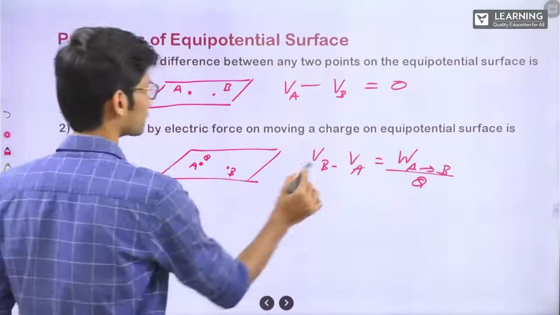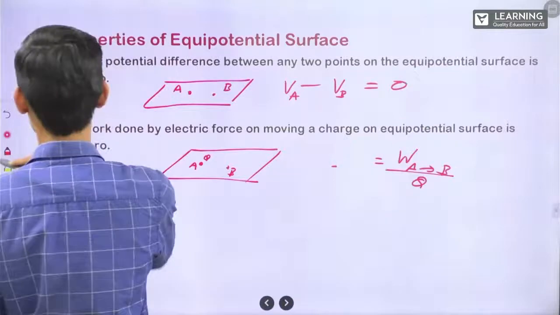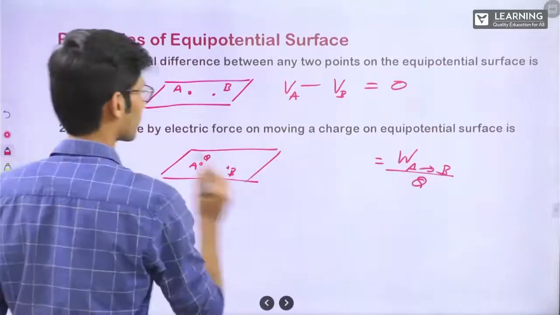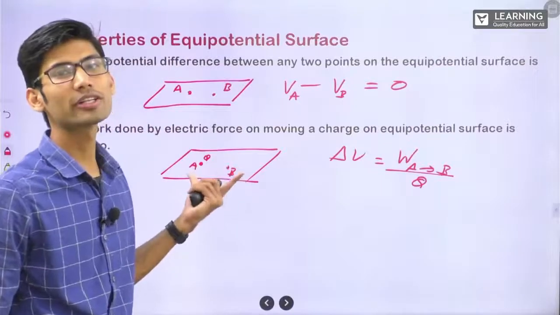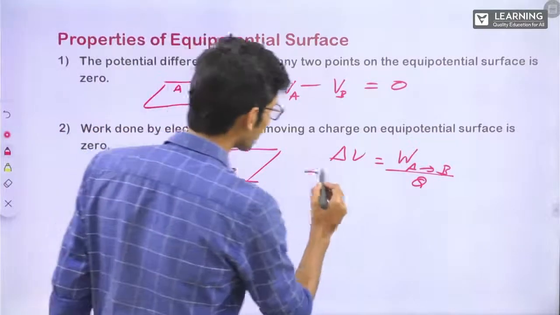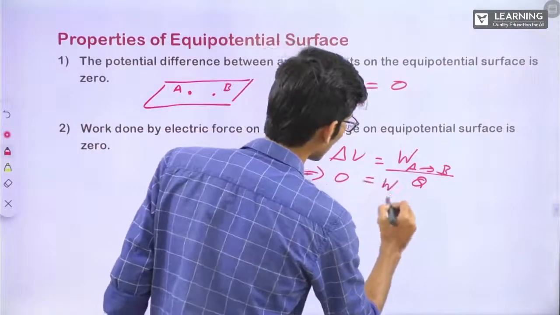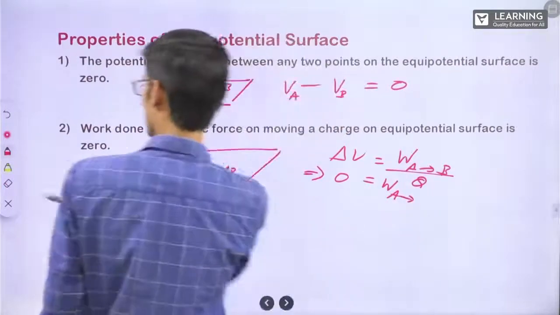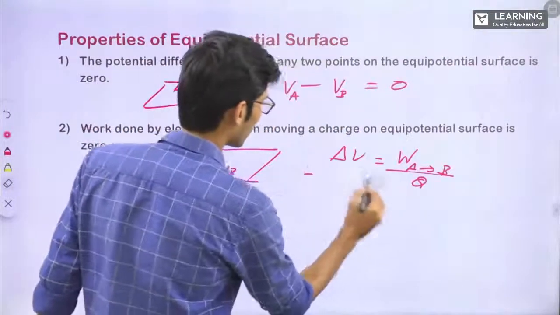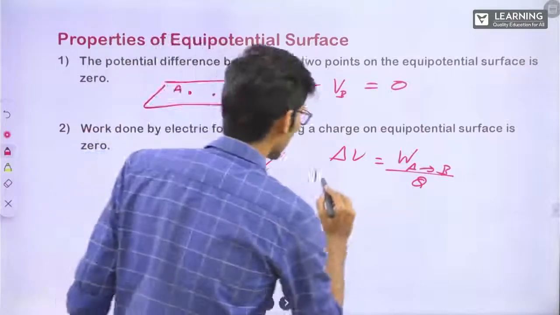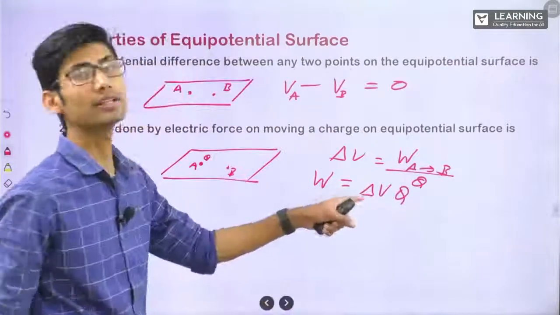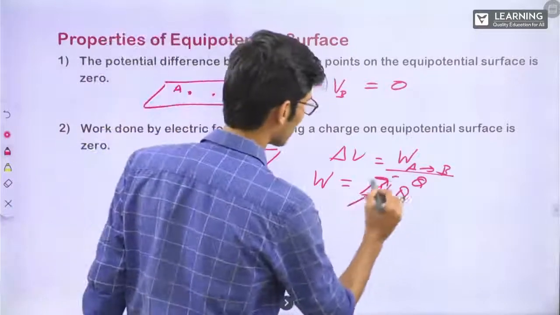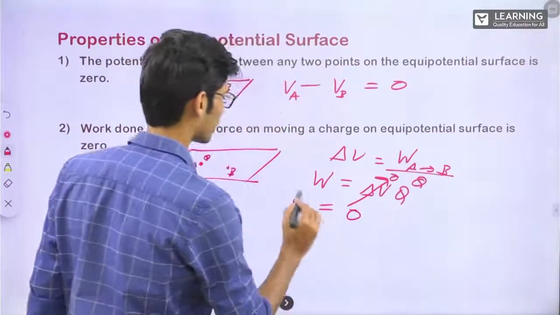Delta V. Potential difference on the equipotential surface is 0. If this is 0, work done from A to B will be equal to delta V into Q. Delta V is 0. So work done will also be 0.